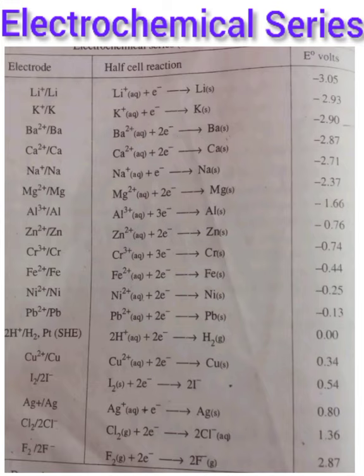For example, in Daniell cell, if zinc is replaced by magnesium, greater voltage will be produced by the cell because magnesium lies above zinc in the electrochemical series and hence magnesium gets oxidized more easily than zinc.